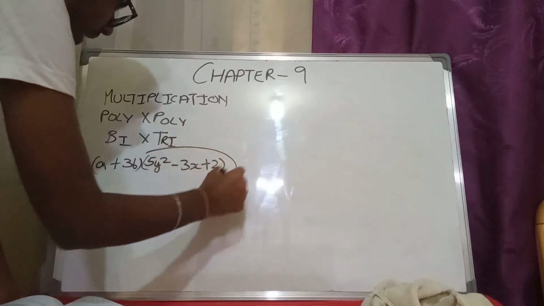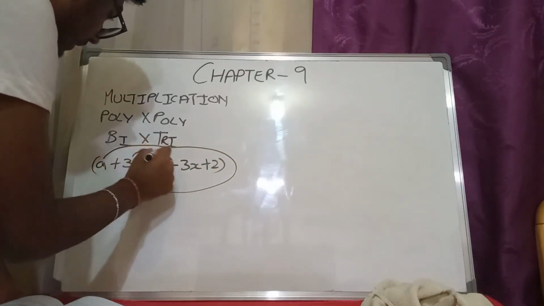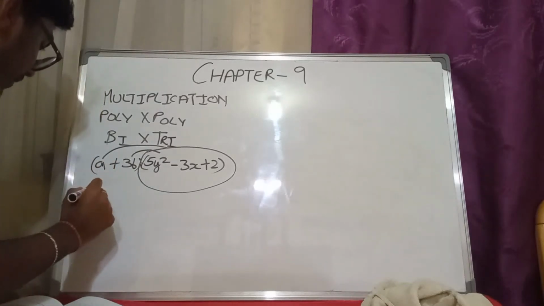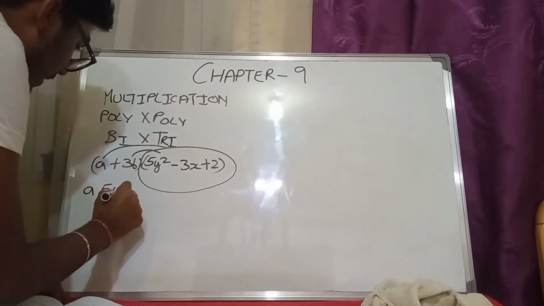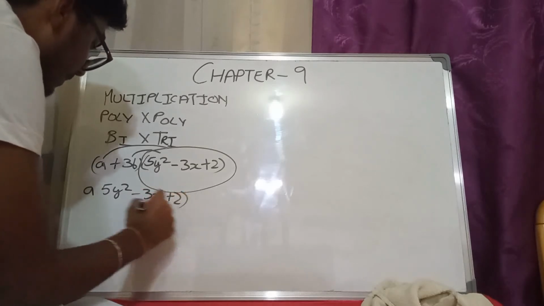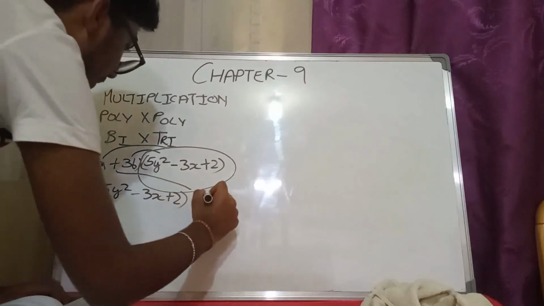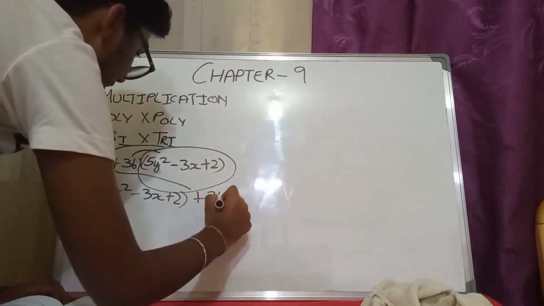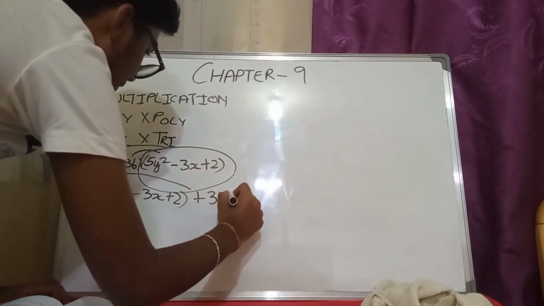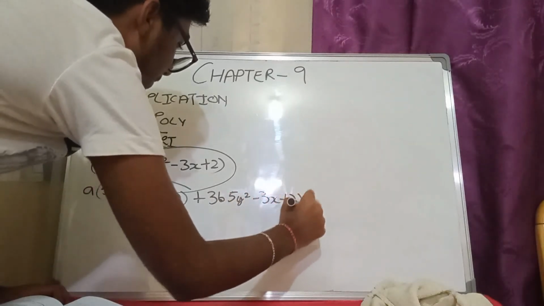We'll take this as a full expression, then we'll multiply each of the terms with it. So first we'll multiply a with (5y square minus 3x plus 2), and then plus, you get this symbol here, 3b into (5y square minus 3x plus 2).